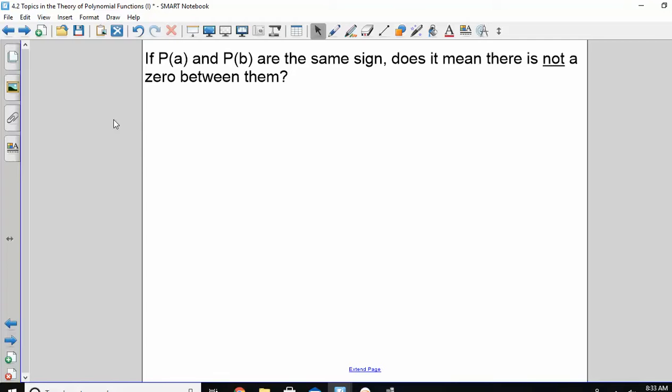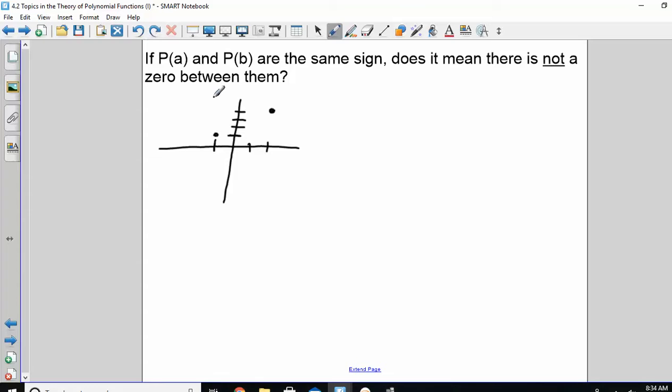We have a yes and we have a no. So like if I put in negative 1, and let's say I got 1, and then let's say I put in a 2 and got out a 4. Both of those are positive. Does that mean it can't cross 0 between them? No. I may have a graph that looks like this and doesn't hit 0.